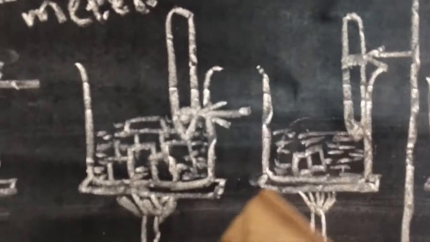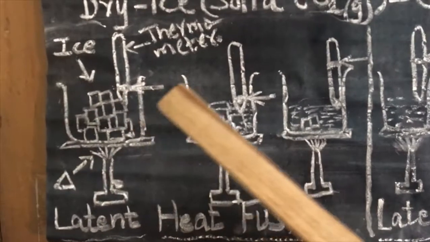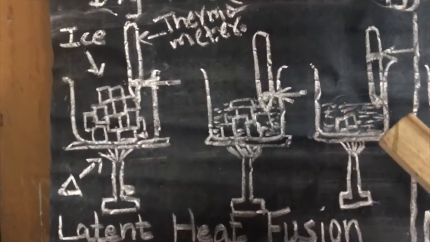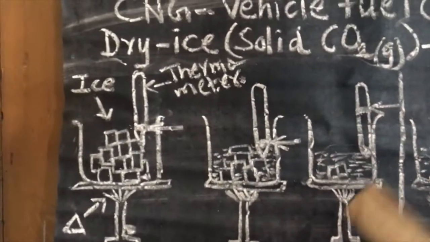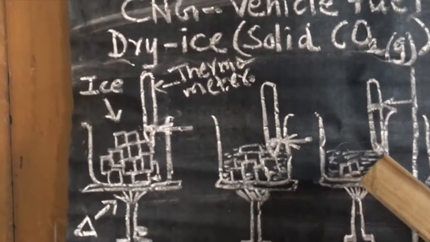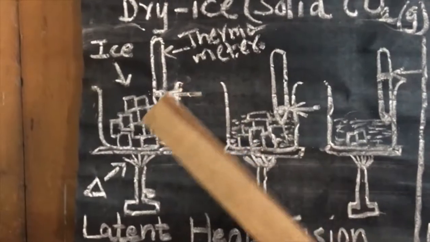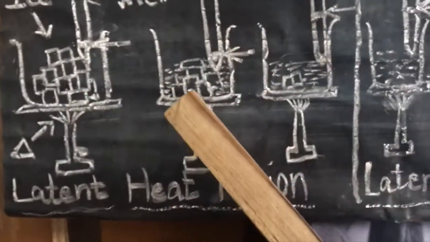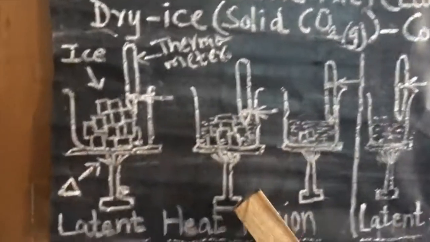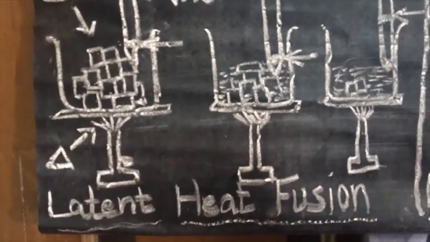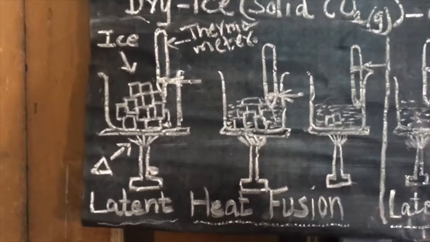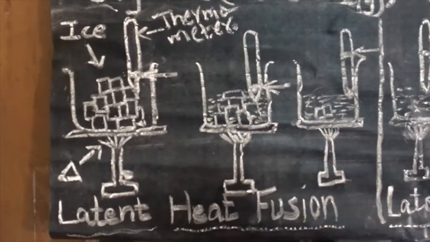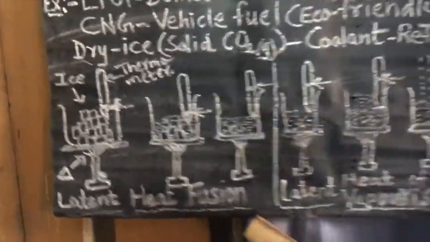So the heat which is acquired by each particle, until each particle acquires that heat, the melting is not possible. So the heat which is within the particles is hidden heat, and this hidden heat is called latent heat of fusion. Latent means hidden. So hidden heat within the particles is called latent heat of fusion.